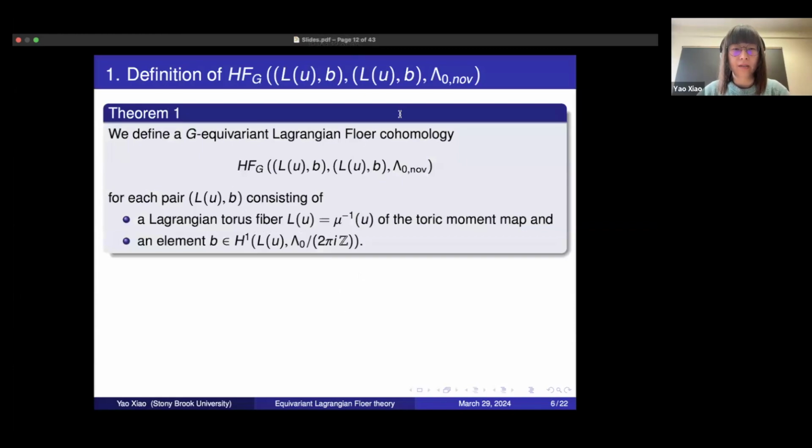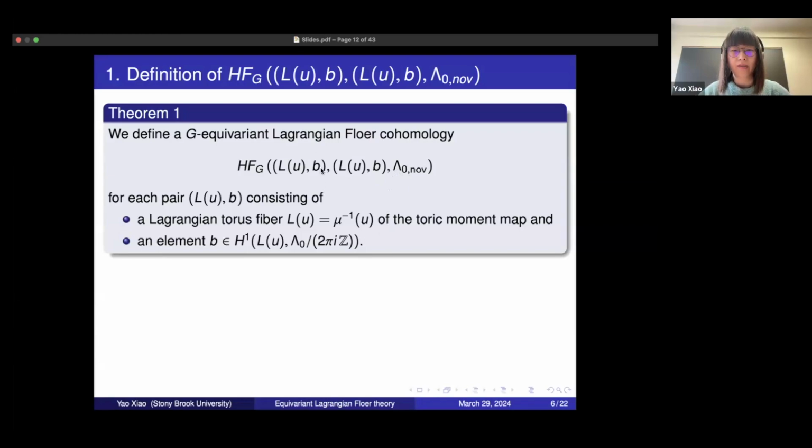Okay, so let's discuss the definition of the equivariant Floer cohomology. As we said, we consider the T^R-equivariant Lagrangian Floer cohomology of a Lagrangian, which is a torus fiber of the T^n moment polytope, with coefficients in the universal Novikov ring.